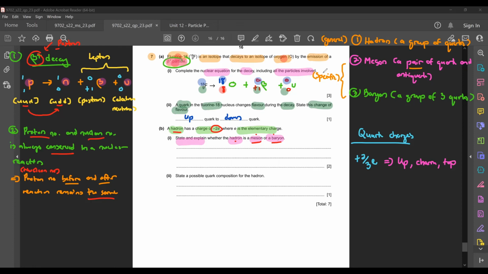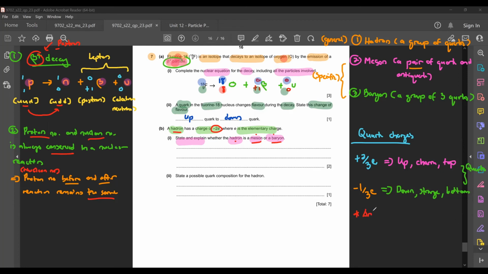And then after that, you also have -1/3e. And this belongs to down, strange, and bottom. These are all quarks. Okay. Now, just as we have quarks, we also have anti-quarks.